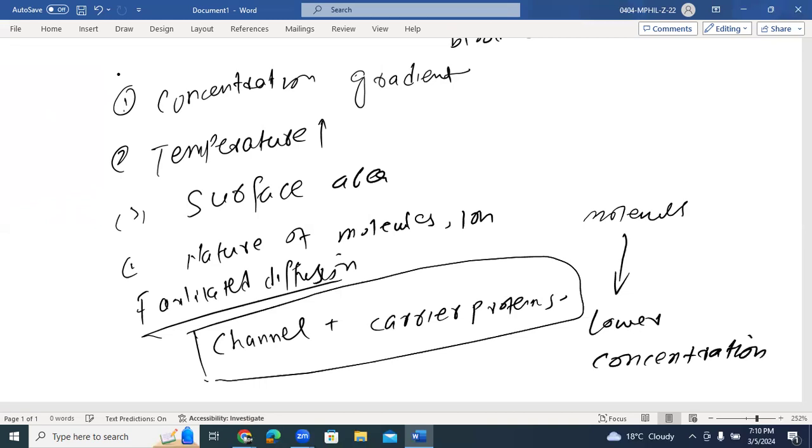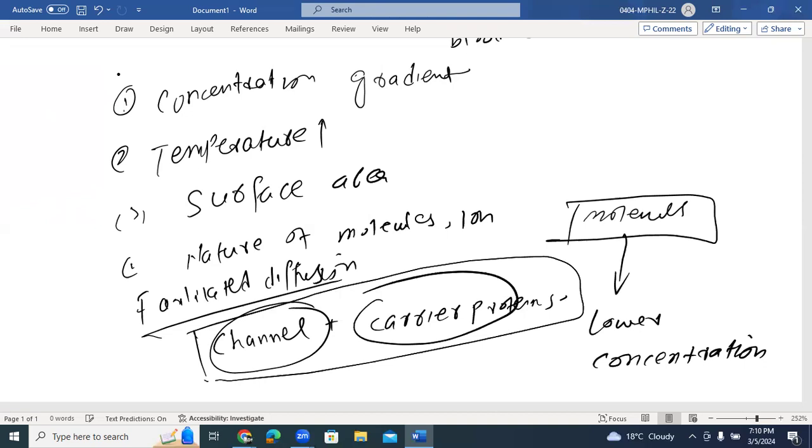So the molecules' movement across the gradient is possible in two ways. One is the channel, and another important thing is the carrier protein. These two factors provide facilitated diffusion. It means it is the type of diffusion which is facilitated by some factor, and those factors are channels or carrier proteins present in the cell, which provide the opportunity for the movement of molecules.